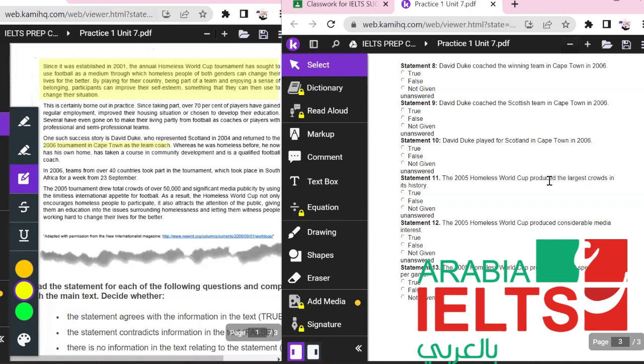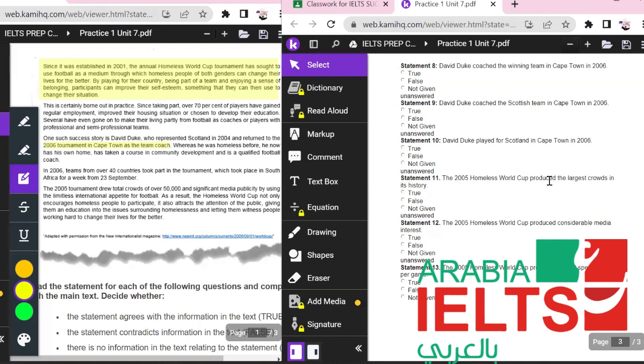This is about all the tournaments, the total crowds, but not per game. That's right. They're talking about the total for the competition, not per game.